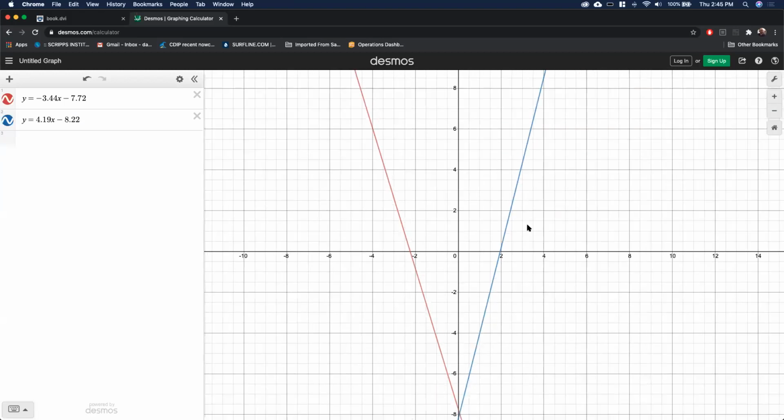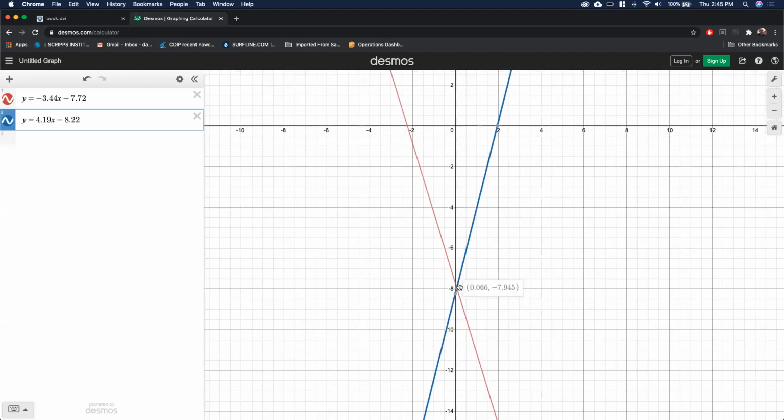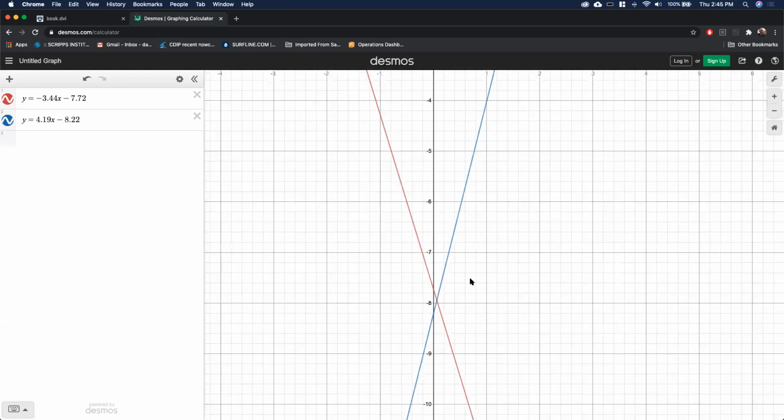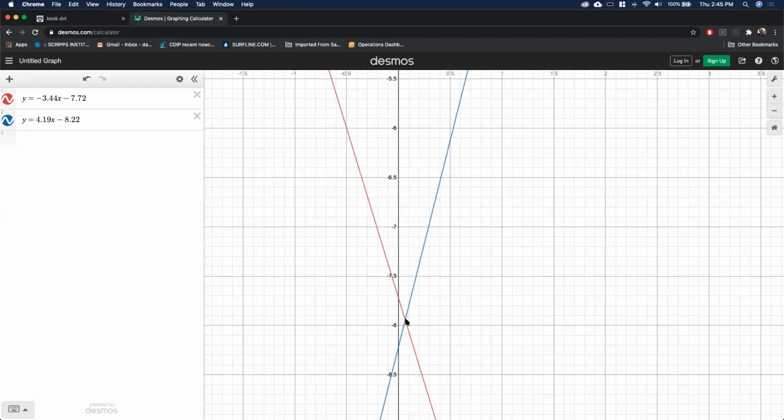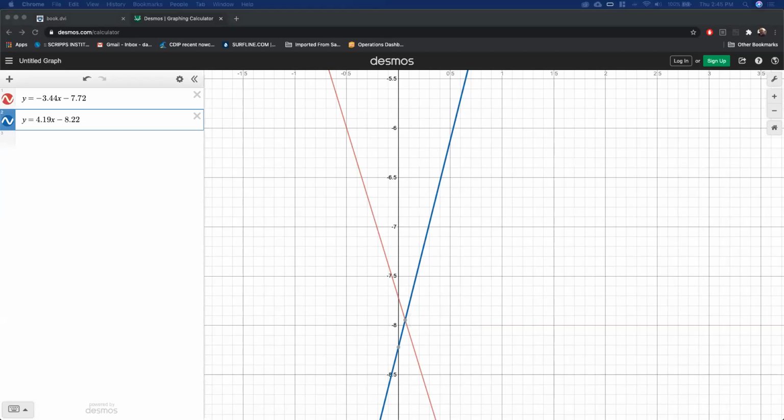And then you can look for their intersection point, and I think it'll point it out for you. So that's a nice thing you have access to if you ever need it. It's good for checking your homework as well. Okay, now stop this share. Make sure it's off on iPad via AirPlay.